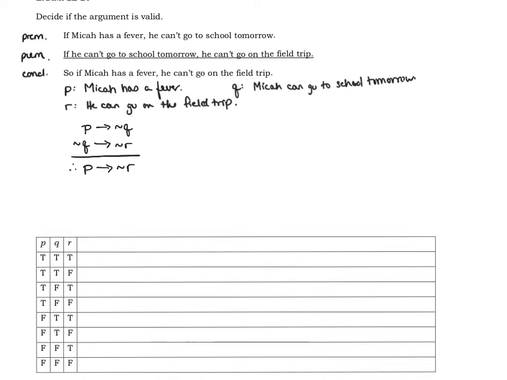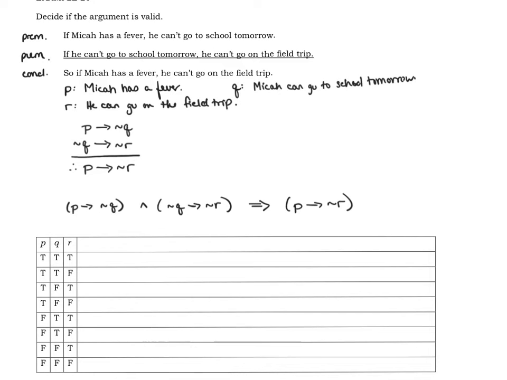Okay, now writing this out, again, in the premise and premise implies conclusion, we would have P implies not Q, and not Q implies not R, implies P implies not R. Okay, so we got a lot of things going on here in this particular case, and that's perfectly fine.